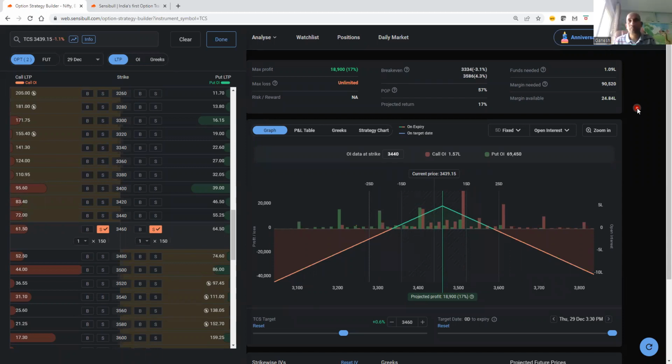So on the day of starting the straddle you should have 1.09, and from the next day, after 24 hours, your margin will reduce to 90,520 because the premium is credited. Correct. Exactly. Funds needed, as it appears here, minus your premium received. Right. Correct. Clear. And margin available is what is available in our account.